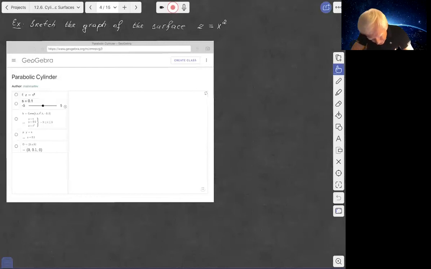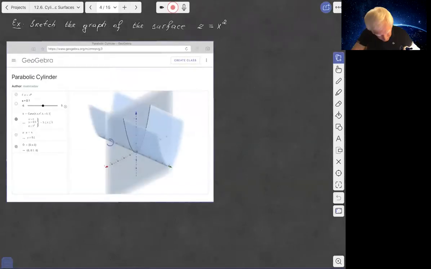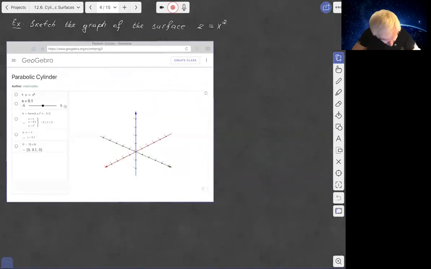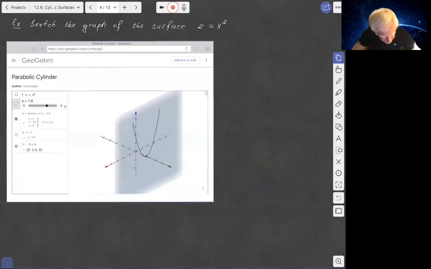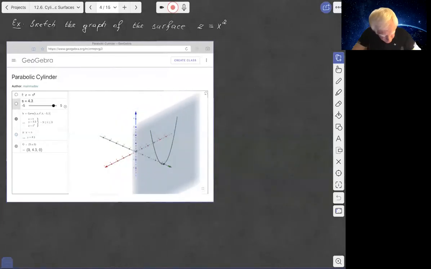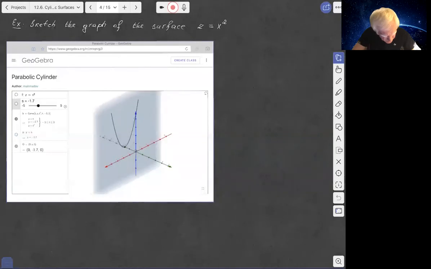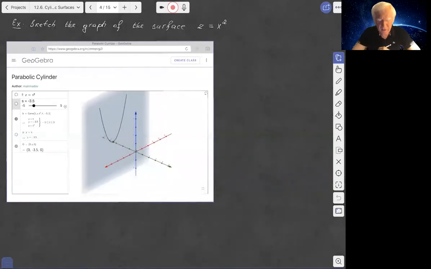Let's see. Here are the parallel lines, and here's the parabola. We shift the plane, and we get the same parabola, but with the vertex that shifts along the y-axis. Now, if you put all the parabolas together, you're going to get this surface.